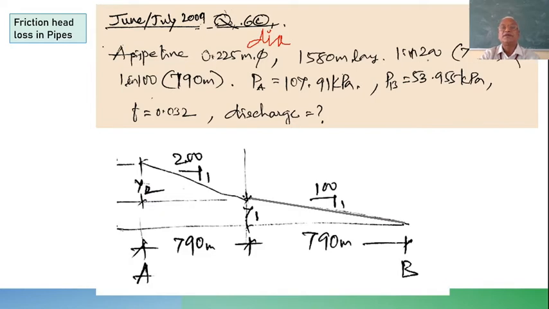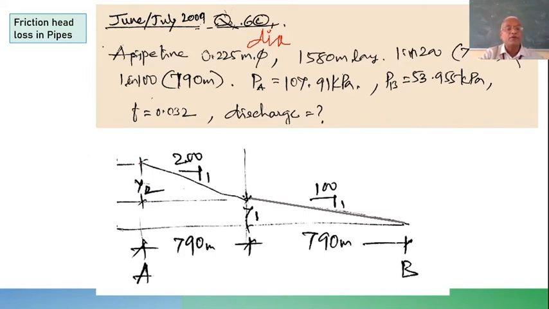First, they said 1 in 200, and it goes through a distance of 790. Because the angle is too small, maybe this inclined length and the almost horizontal length remain the same. We can assume so, right? Hardly there will be any difference. That's why we have assumed it as 790.